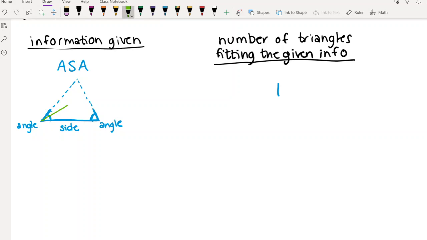If I tried to say, why couldn't our triangle look like this? Well, that has totally different angles than the triangle that's given. Or if you tried to make a triangle that had the same angles, maybe something like this, now this has the same angles that were given in the original, but it has a different side length, right? Because this is shorter. So if you know two angles and a side that's between them, there's really only one triangle that fits that description.